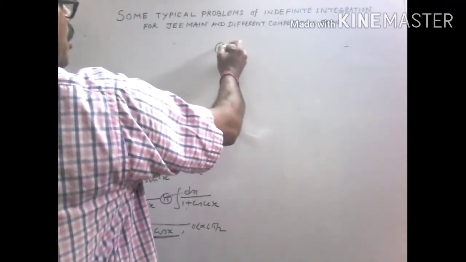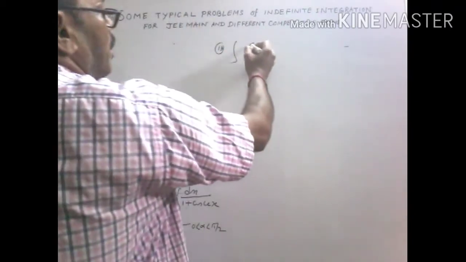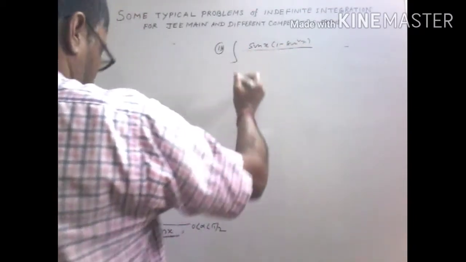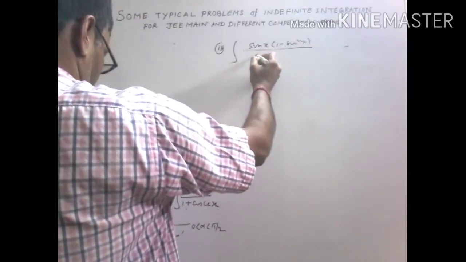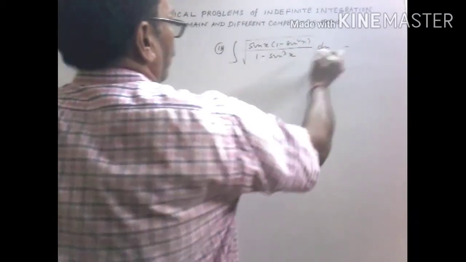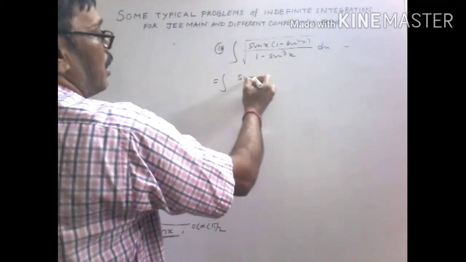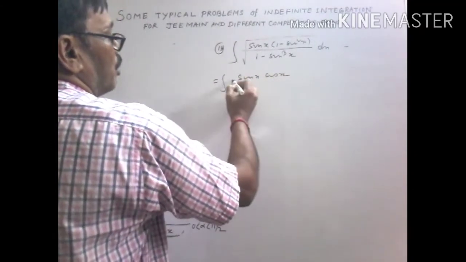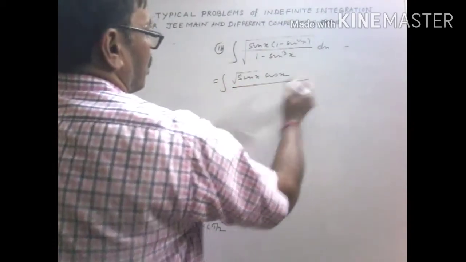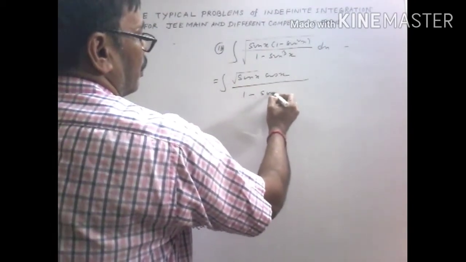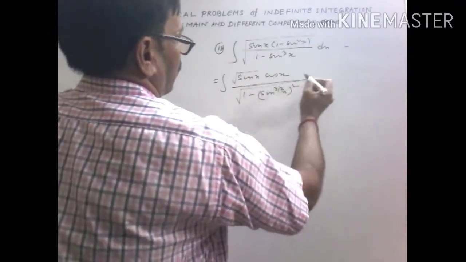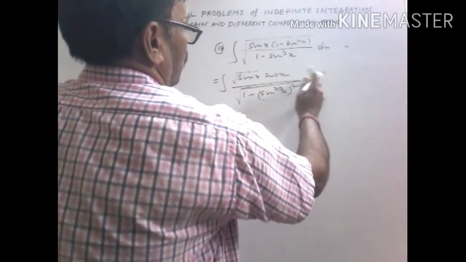So suppose problem number 13. So sin x common, 1 minus sin square x. And this is 1 minus sin cube x dx. So this one has sin x into cos x, root over sin x into cos x, and this is 1 minus sin to the power 3 by 2 x whole square into this.